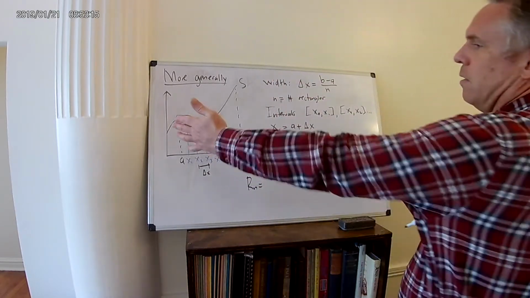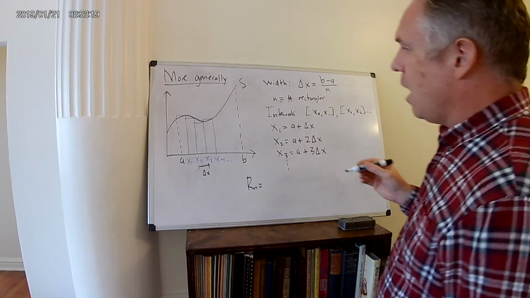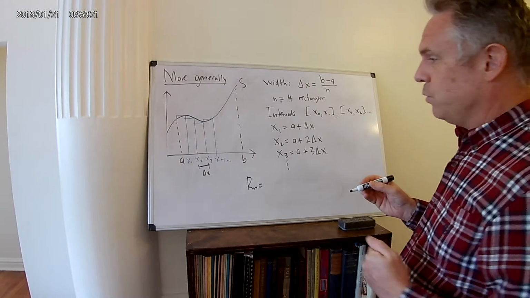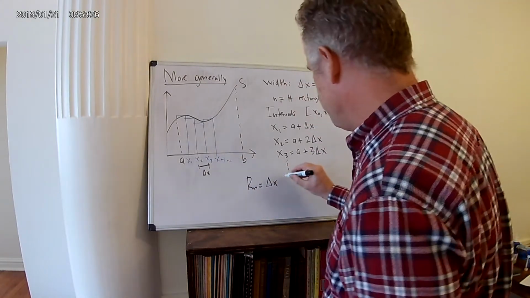What is the area of all these rectangles? Well, it's just the sum of the areas of the rectangles. What's the area of the first rectangle? Well, it's the width, delta x, times the function itself.